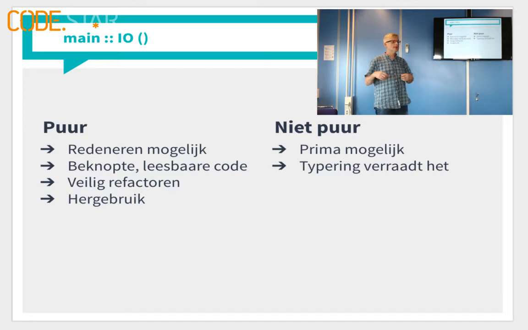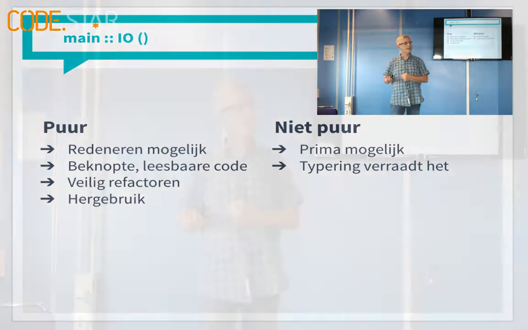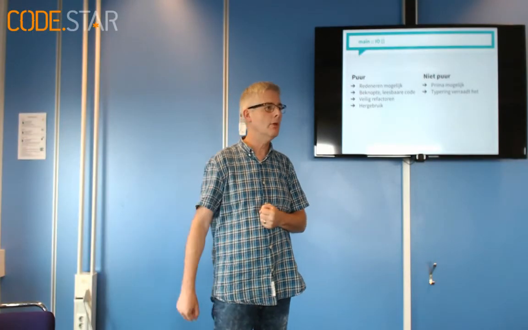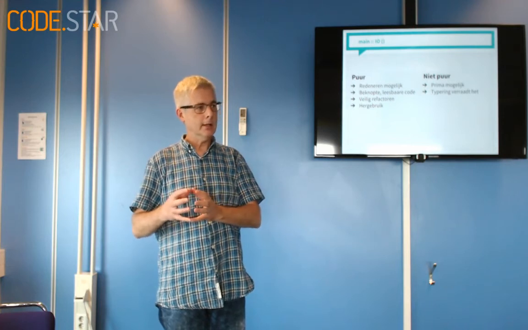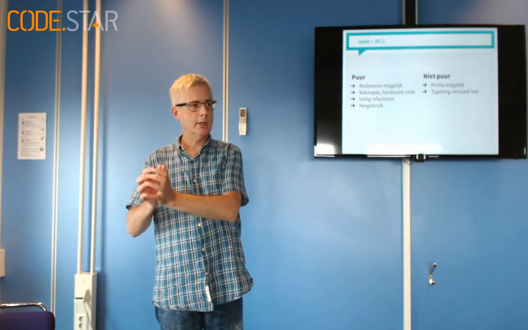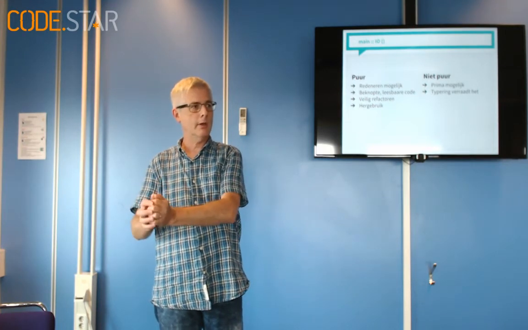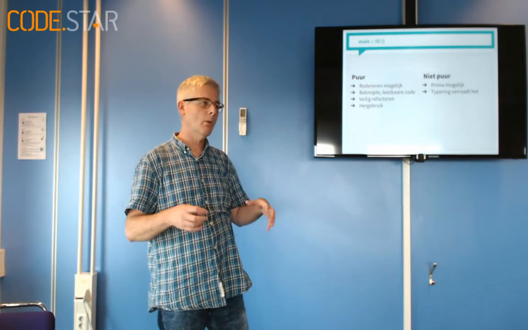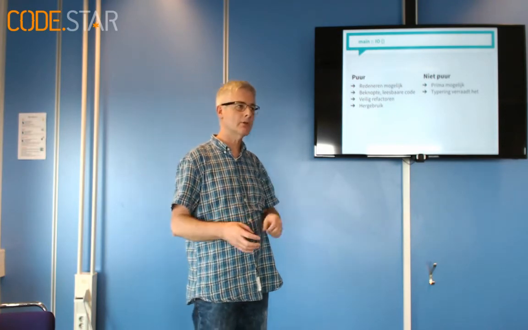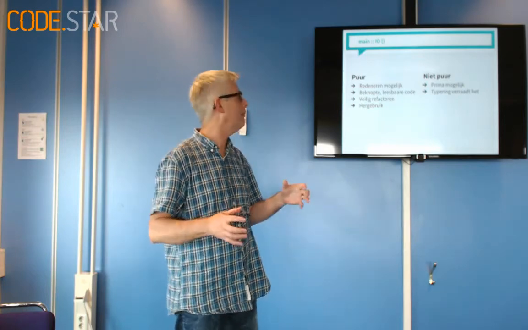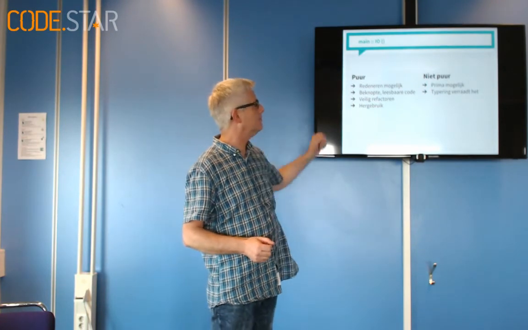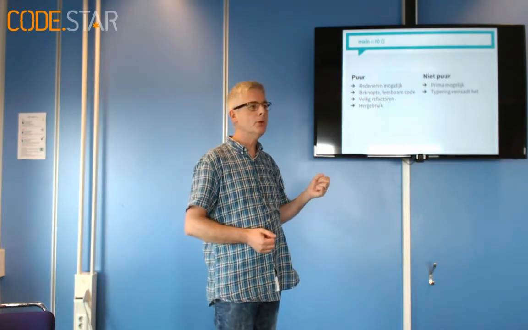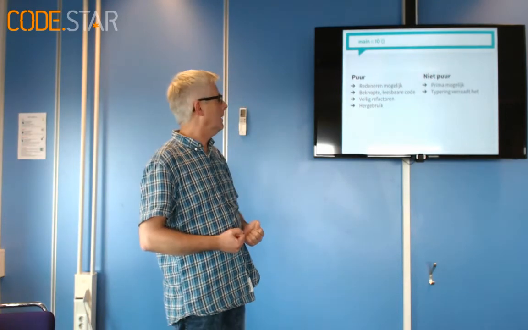So yes, you have to read something from the database, and yes, you have to write something to the output, but you can encapsulate that and put it where it belongs, just at the edges of what you're really doing, the algorithms and the transformations and all that kind of stuff. Then you can do these algorithms and transformations in pure code, and that helps you to reason about the code.